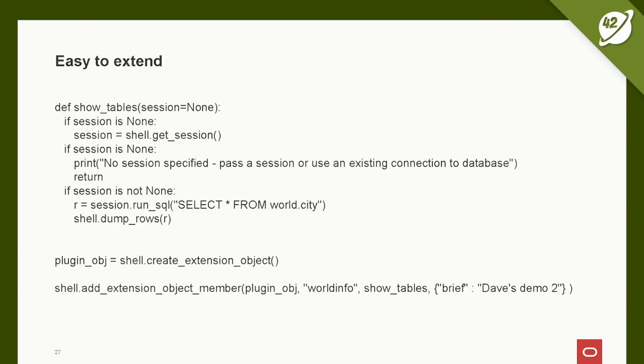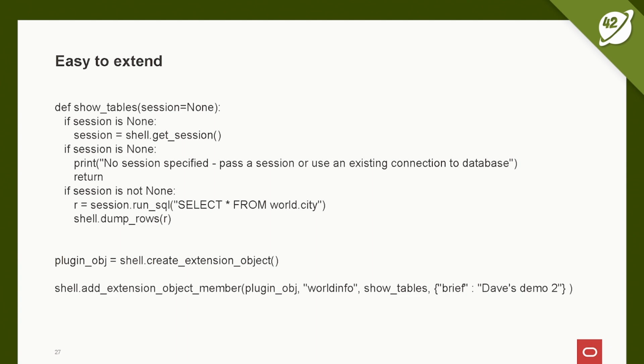Now, here's an interesting example. We're going to define a quick little extension in Python. The trick down here is we create a function, this one I'm just going to call show tables, and we have to make sure that we have a session. You have to be logged into the database to actually get access to the tables. So if you don't have a session, it kind of tells you where to go.